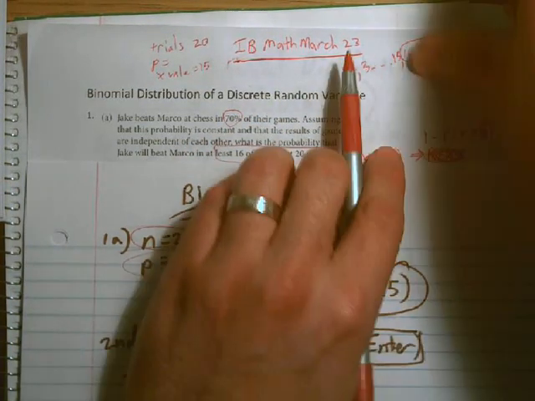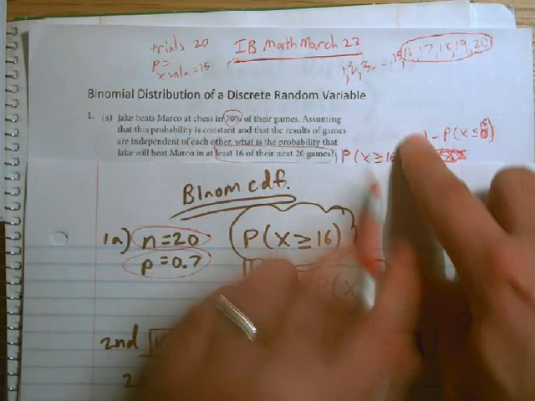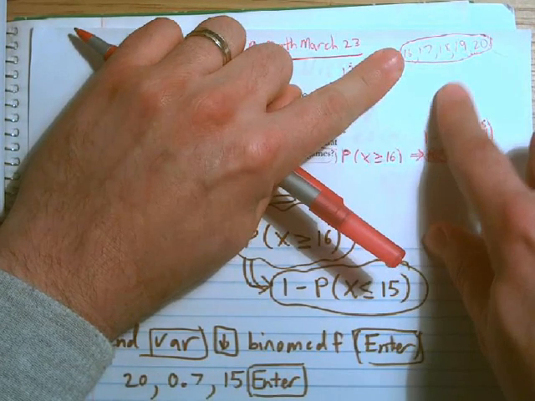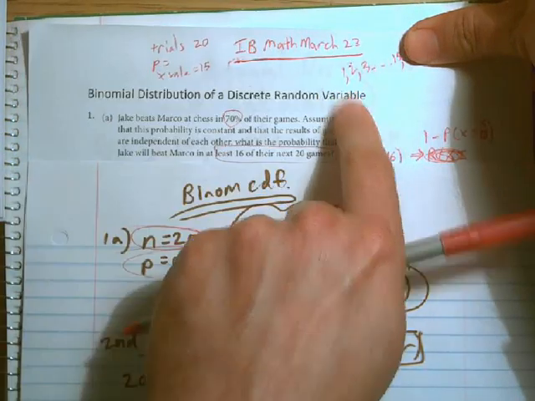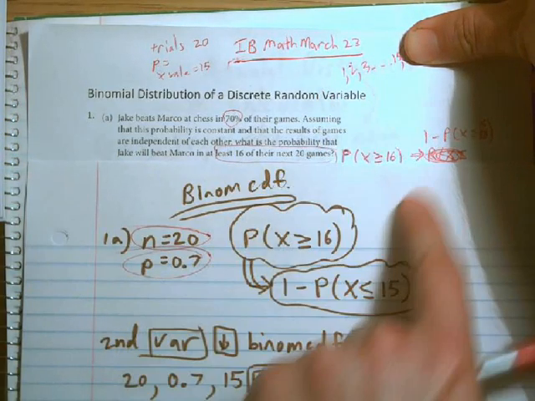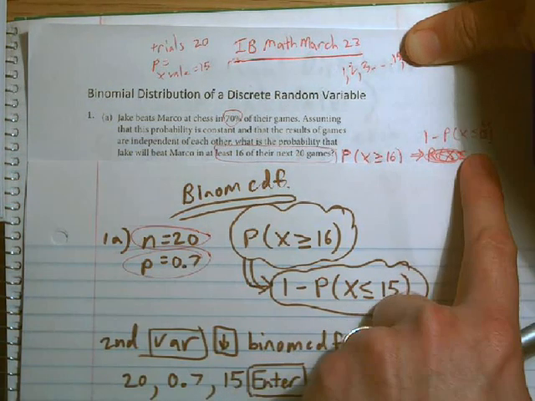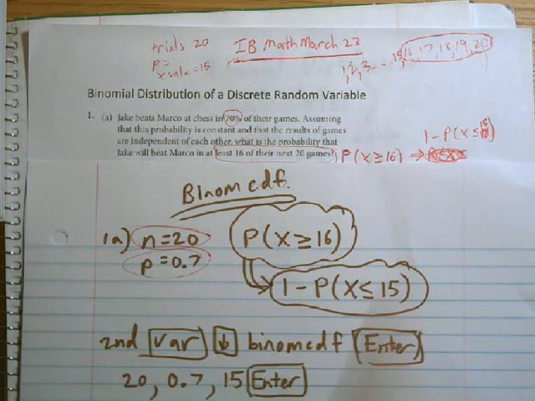Because winning 16 or greater would be this, and all of these add up to 100%. So we need a probability of 1 minus the probability of less than or equal to 15, okay? You may want to re-listen to that and think about it.